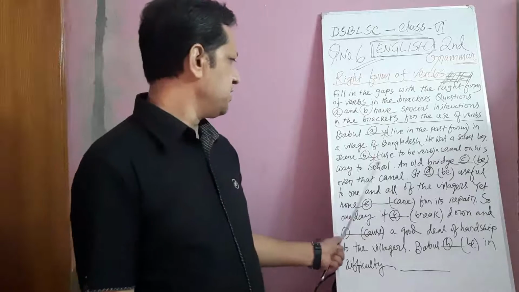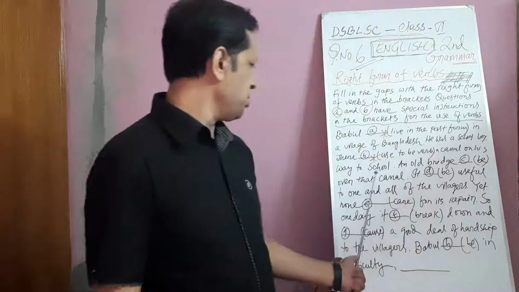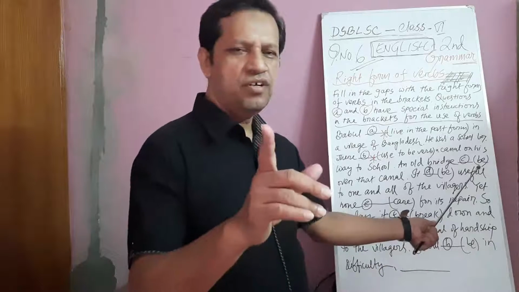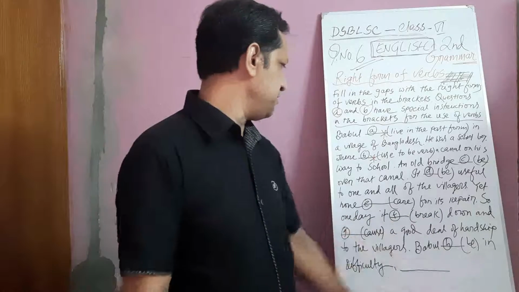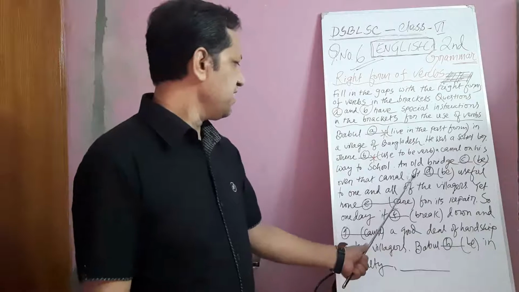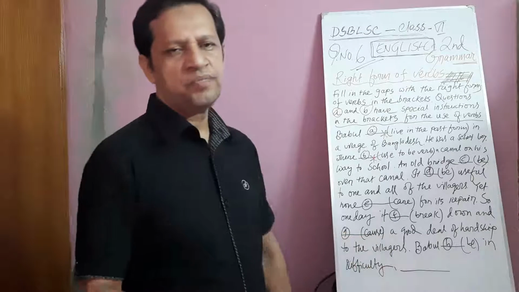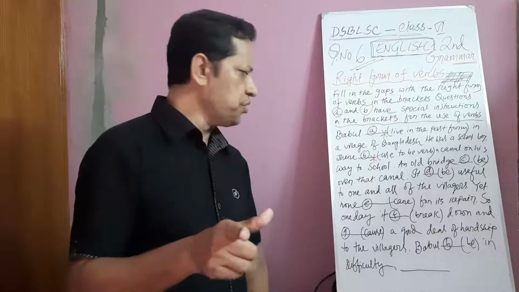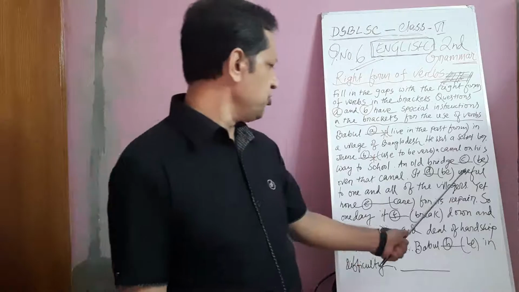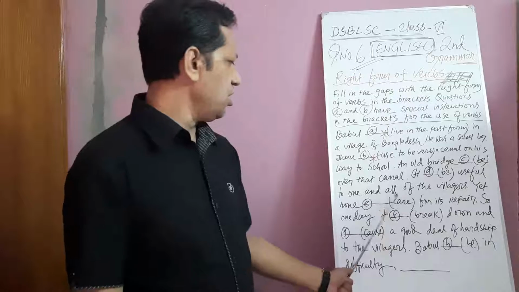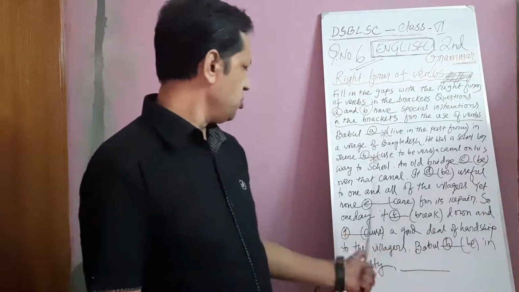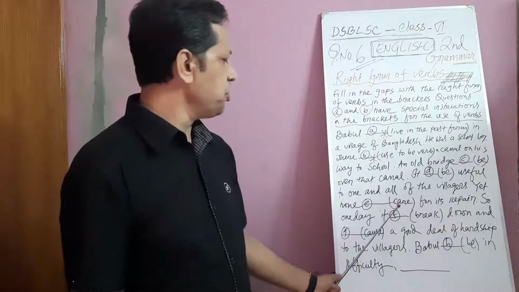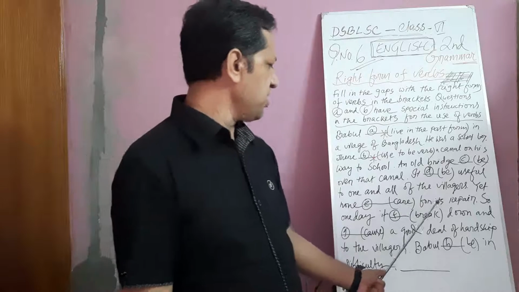There was a canal on his way to school. An old bridge, be. So you have to use the past form, was, over that canal. It, be. Of course you have to use was or were, and it is singular. That's why you have to use was. It was useful to one and all of the villagers, yet none. Though it is in the first form, you have to use the V2 form, cared, cared for its repair.